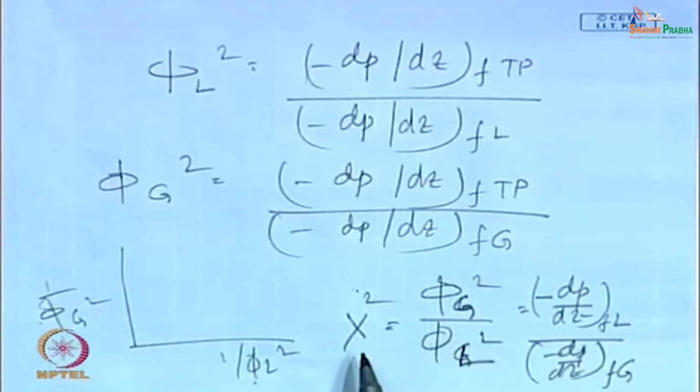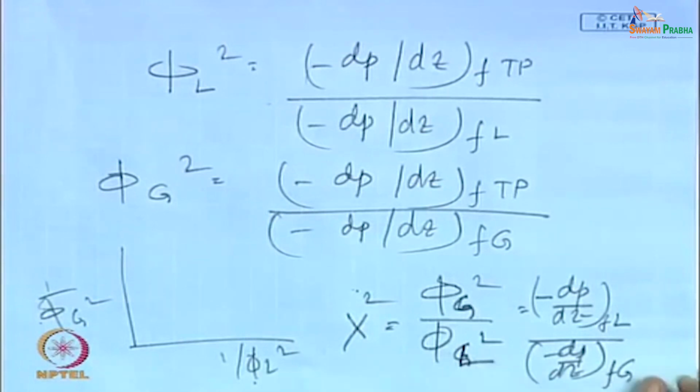Please remember, do not write it as small x, because small x gives you mass quality, and this is the Lockhart-Martinelli parameter, the capital X. Make it a very bold capital, so that you yourself do not confuse it with quality. Remember this. Okay.